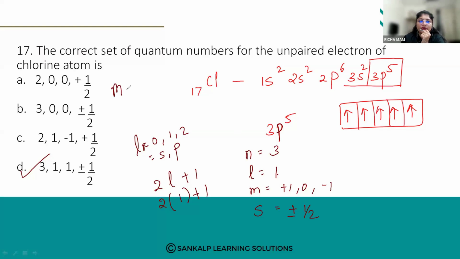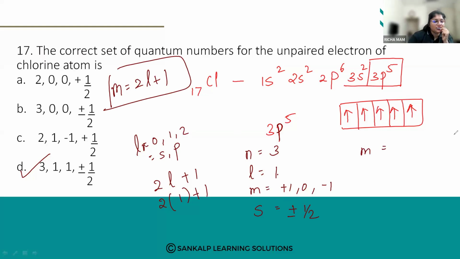For finding out M, it is 2L plus 1. So use this formula and then see. These are the possible values. Whenever you are finding out M, M is nothing but 2L plus 1, and it is represented by L. Whenever the L value is there, it will be between minus L, 0, and plus L, based upon the L value.